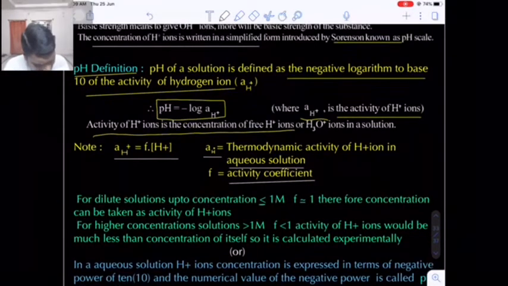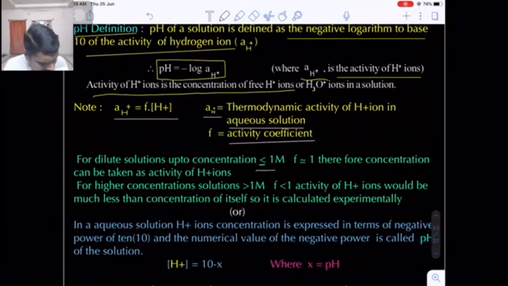Now here, in ionic equilibrium we deal with very dilute solutions, whose molar concentrations are less than or nearly equal to 1 mole per liter, that is, a 1 molar solution.